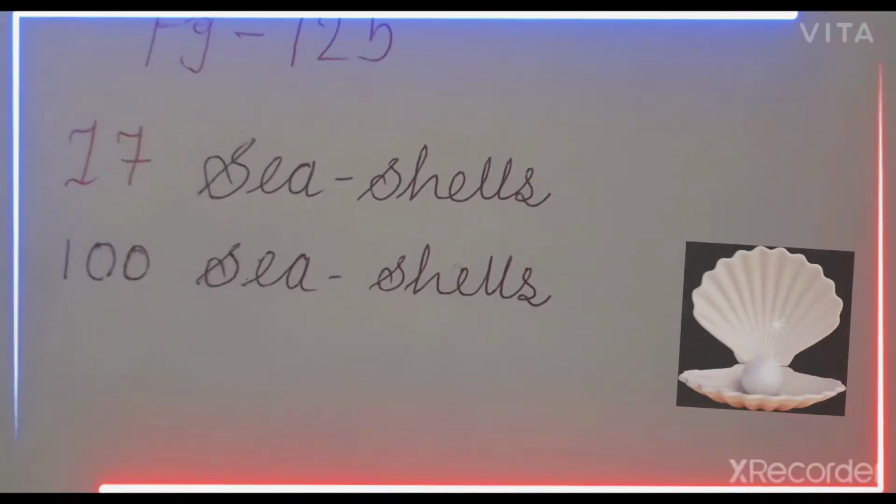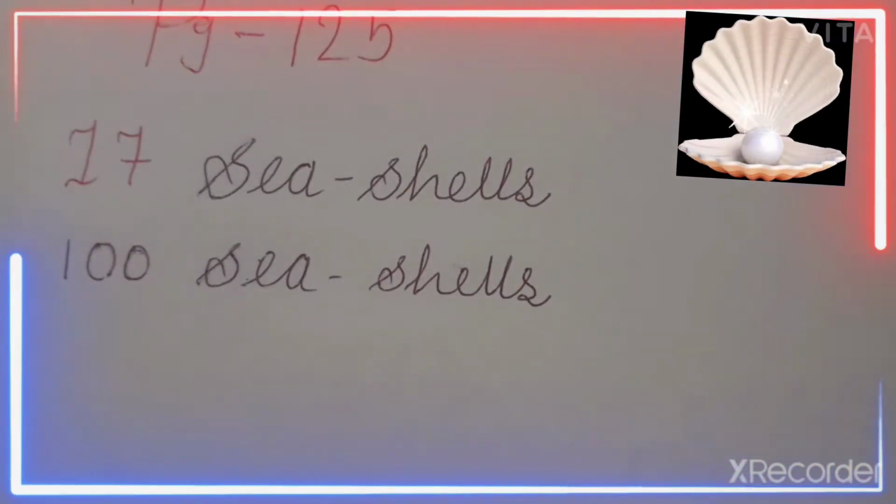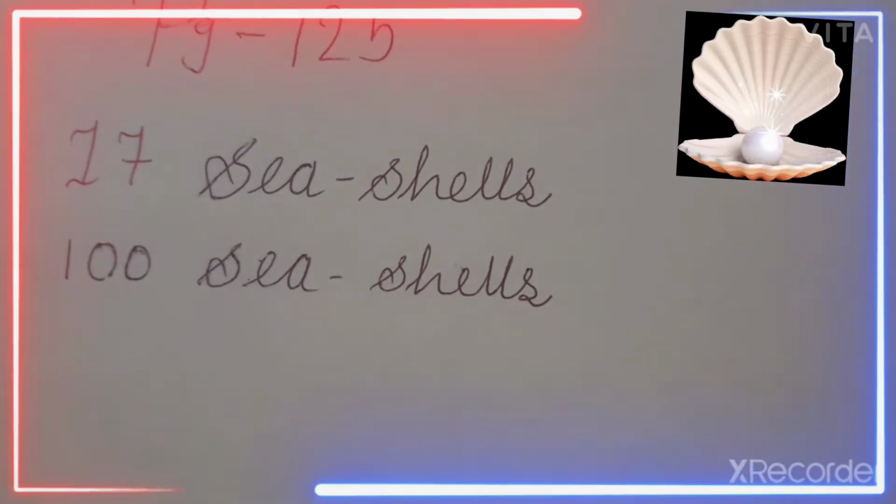In your textbook, page number 125, one question is given. Kannu made a necklace of 17 seashells. How many necklaces can be made using 100 seashells?